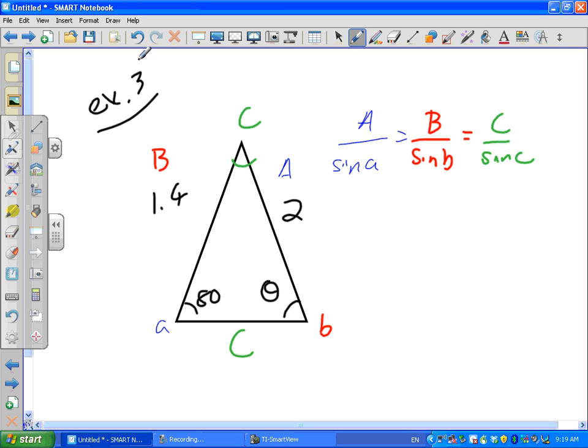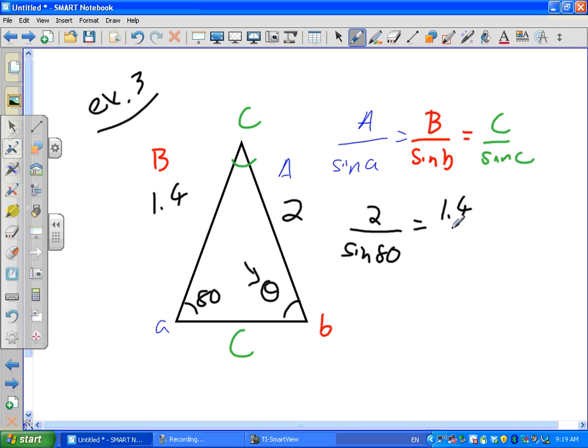Okay, we're going to jump right to example 3. In this question, they've asked us to solve for theta. So we're actually looking for an angle in this question. I've already labeled the triangle A, B, and C. So we're actually looking for angle B. So I'm going to plug in the numbers. Side A we have is 2. Angle A is 80 degrees.